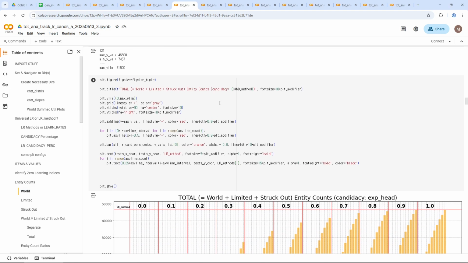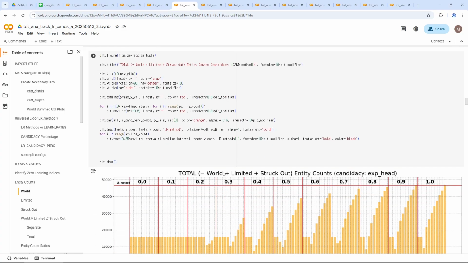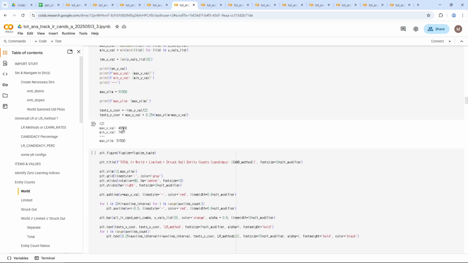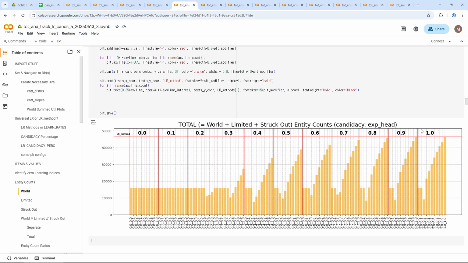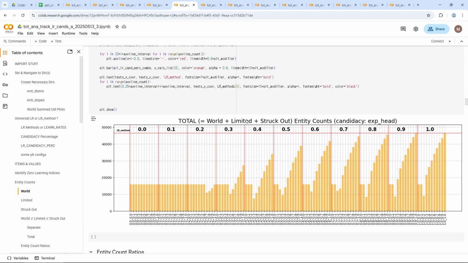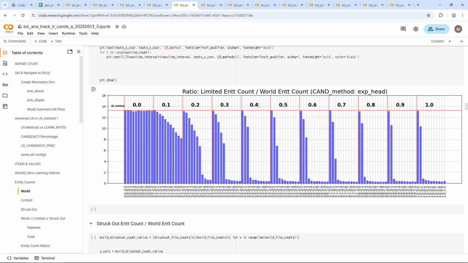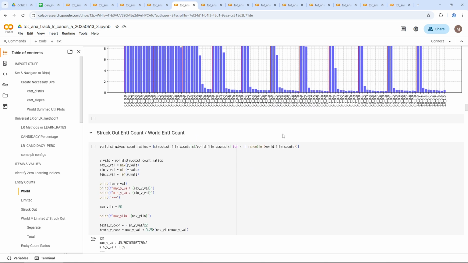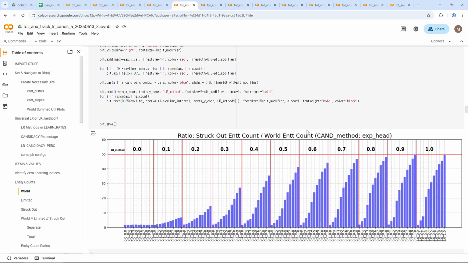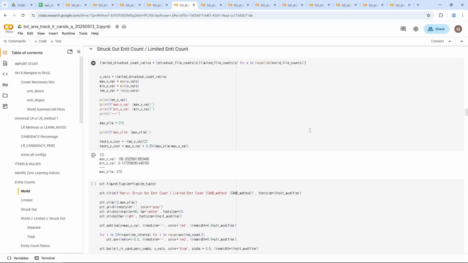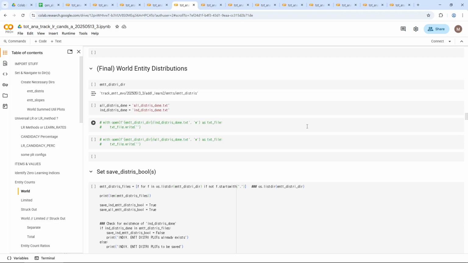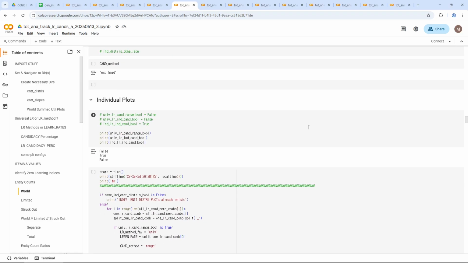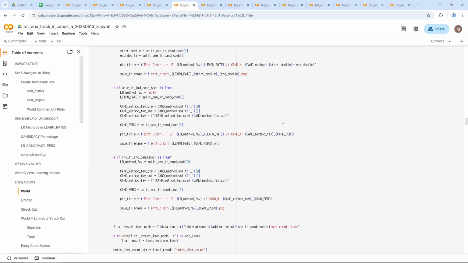And the maximum for the total entity count is 46,000. So that's about here or here. The ratio is still something that we have seen.